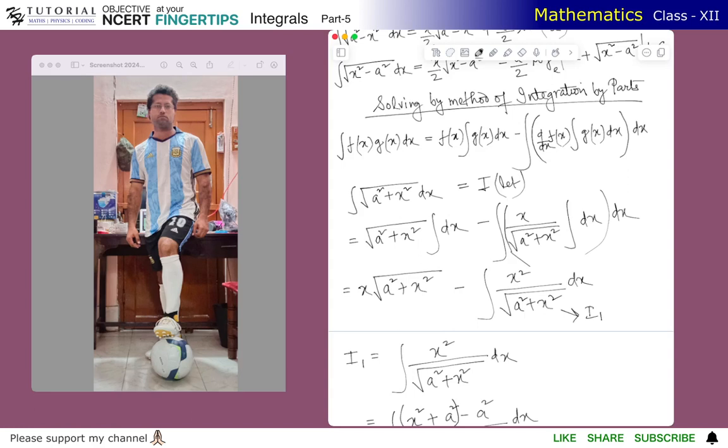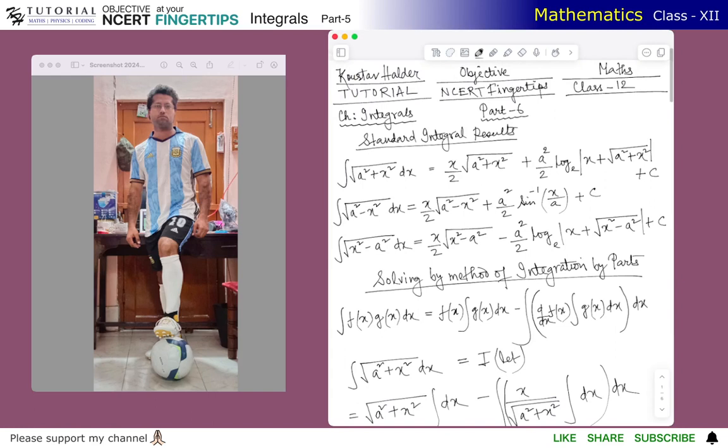In the next video, I will similarly show how you can solve the integral of root over a square minus x square and x square minus a square using integration by parts, because the standard results for these two forms might be difficult for you to remember.